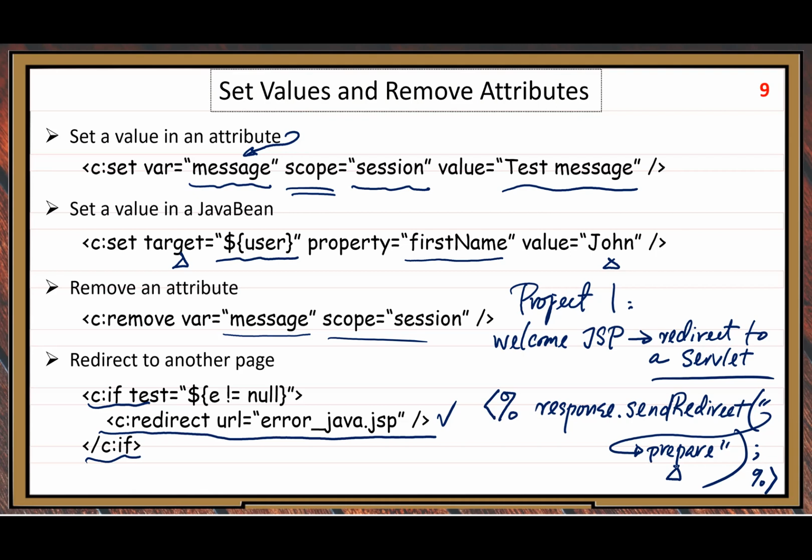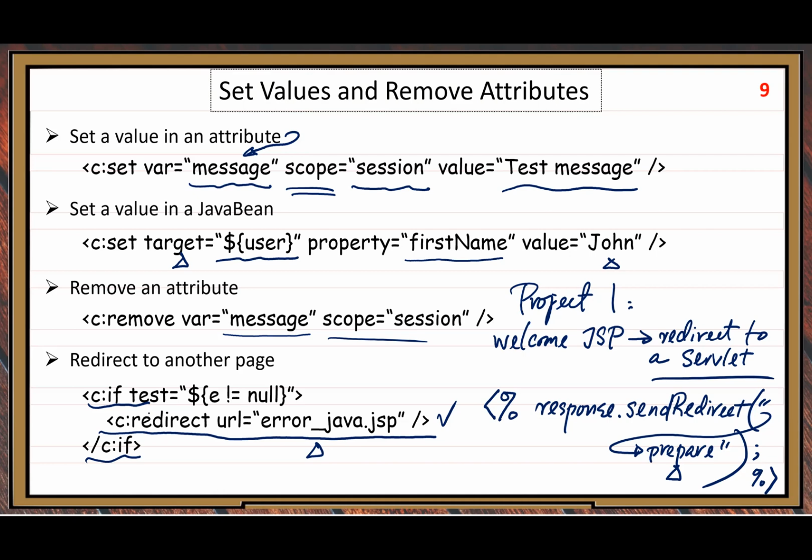This one line. And here, c:redirect is an option. But if you use this option, you need to include the JSTL tag library, the core prefix, in the first line with the taglib directive. After that, you put this line.